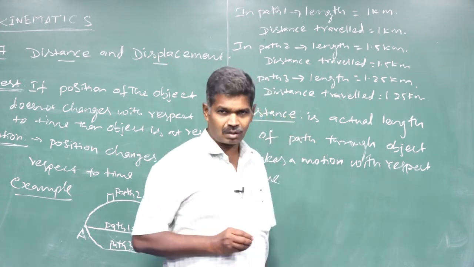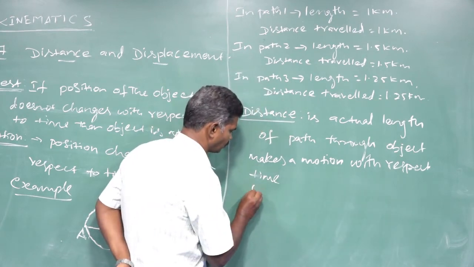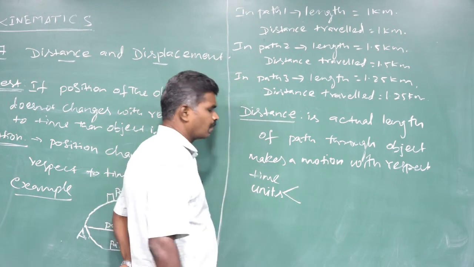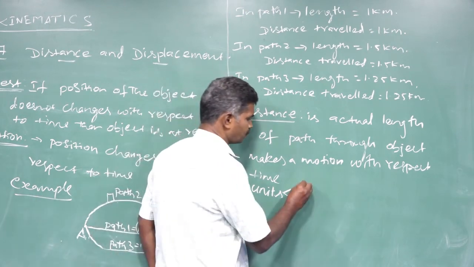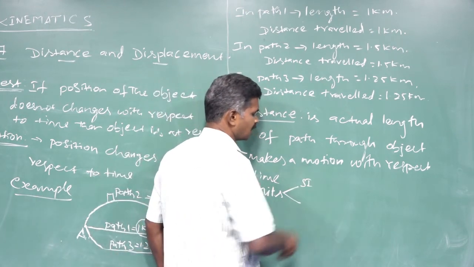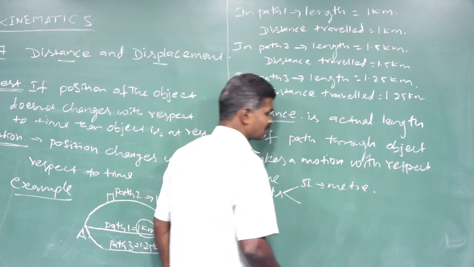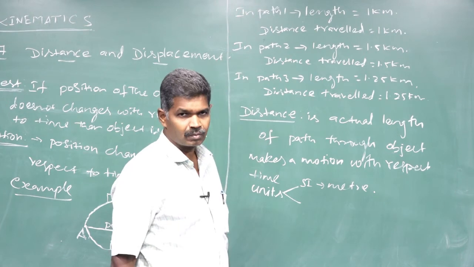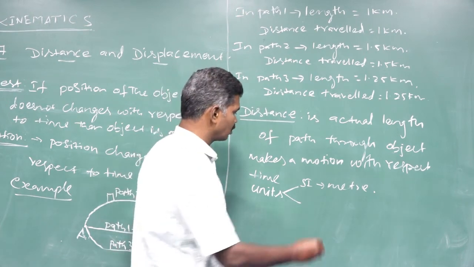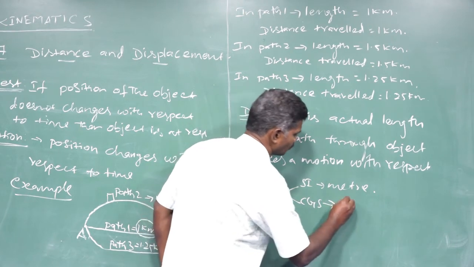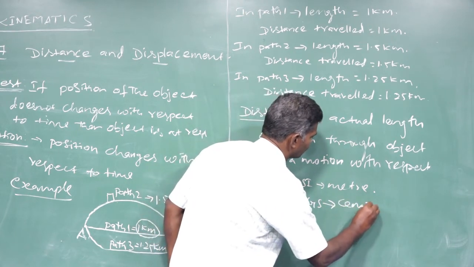These distance units: there we have an SI unit for measuring distance, the meter. SI unit is the meter. Then another unit we have, the CGS unit, nothing but the centimeter.